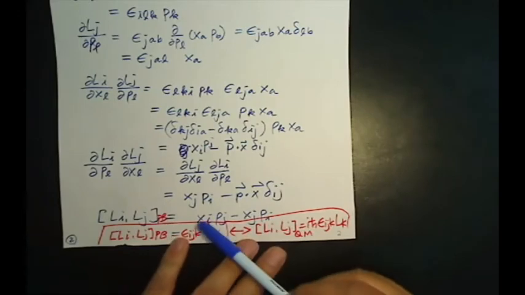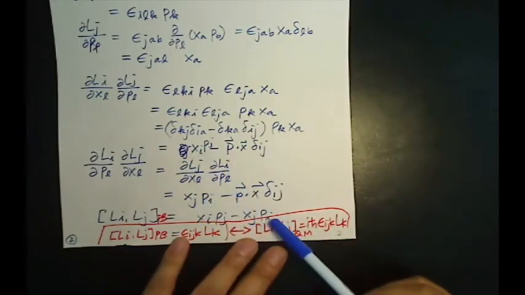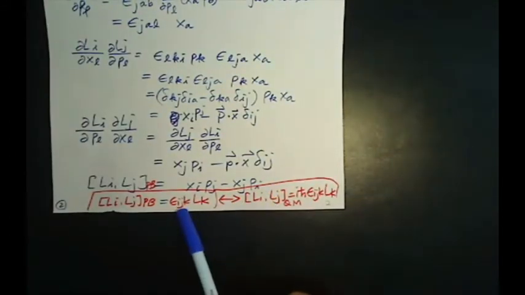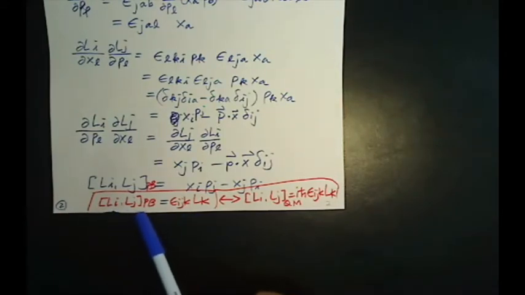The result is XI PJ subtracted by XJ PI. And actually that is the orbital angular momentum component of K with the overall factor epsilon ijk. Therefore, LI LJ's Poisson bracket is epsilon ijk Lk.